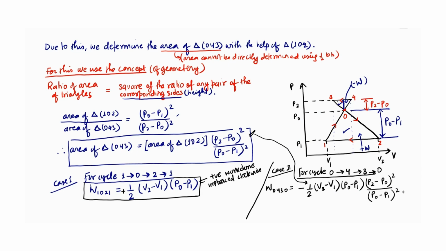Now, what we do is that, okay, we have to find total work done. Clear? So let us call it equation 1, and this is equation 2.